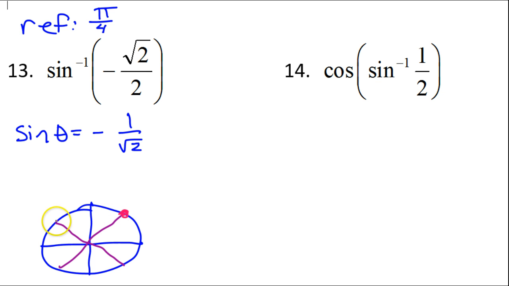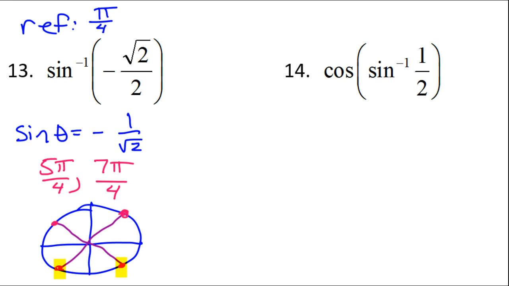There are 4 positions that will give me some kind of 1 over radical 2, which is the same as this. I need the 2 that will give me a negative. Sine function is negative below the x-axis, so here and here. That means the 2 answers that I need are 1, 2, 3, 4, 5 pi over 4, 6, 7 pi over 4.